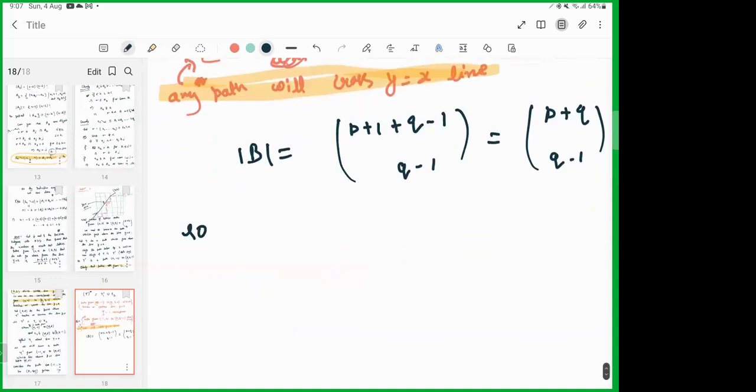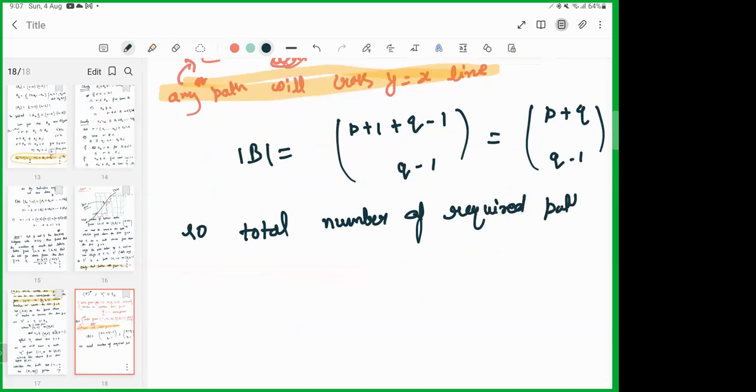So the total number of required paths is equal to P plus Q choose Q minus P plus Q choose Q -1.